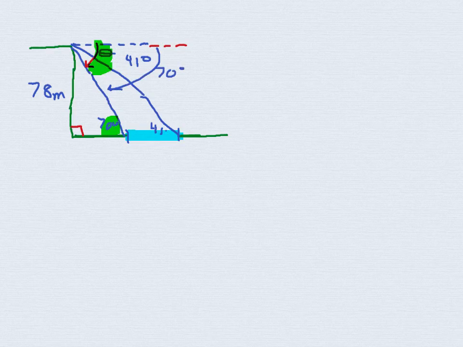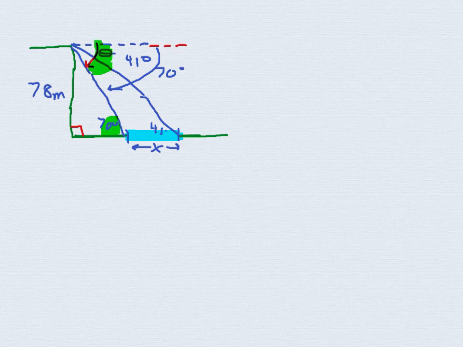The question asks, how wide's the river? So how far is it from here to here? Well, we have to first of all recognize that we do not have a right-angled triangle that contains x and 41 and 78. That's not a right-angled triangle.